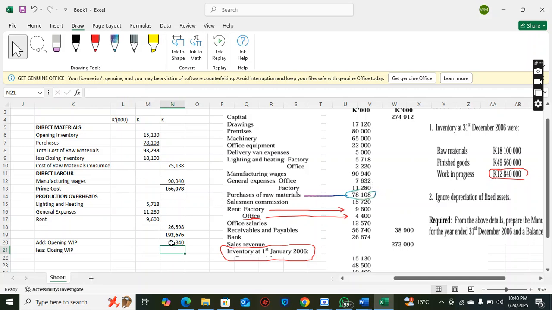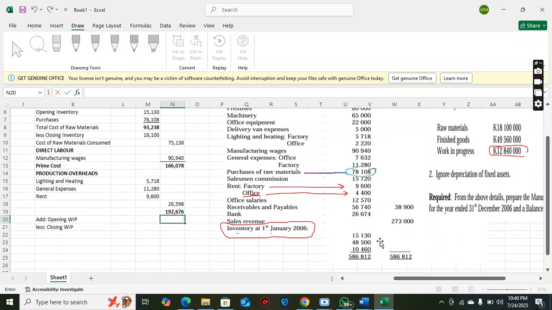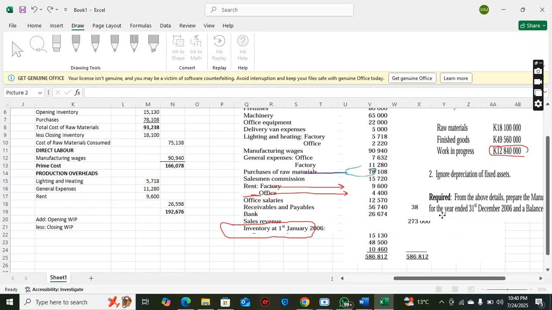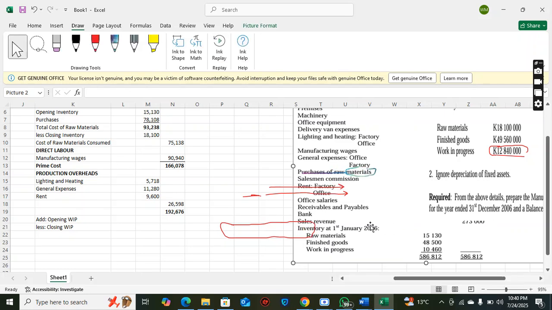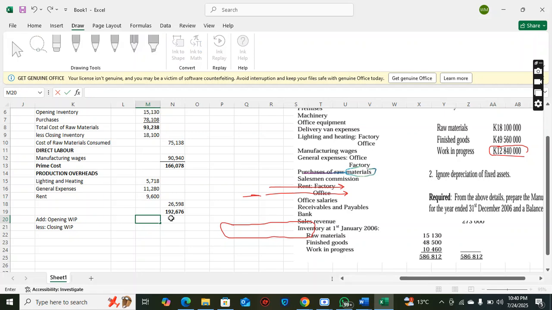Oh wait, I've put the opening work in progress here. Yes, someone was raising their hand. Overload, not overload, overhead. Overhead, yeah.